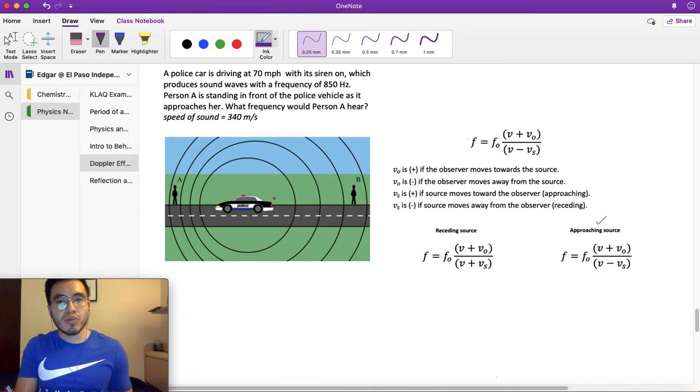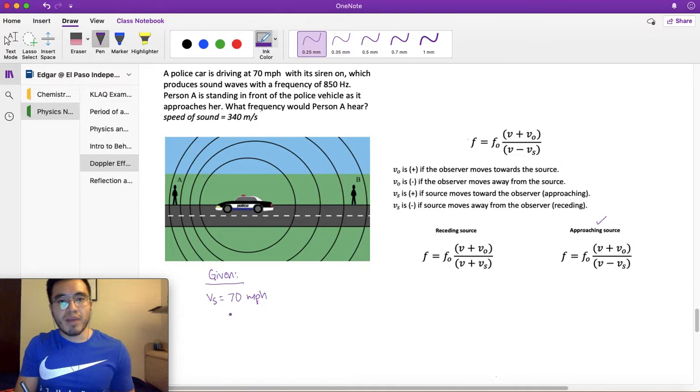So we're going to calculate the frequency for her, person A, okay? And we start with the given as usual. So write given. We have the velocity of the source, which is the police vehicle, 70 miles per hour.